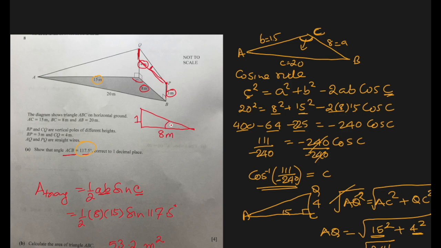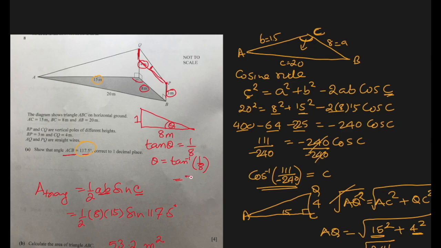And they're asking us what is this angle. So we can use tan theta in this case. Tan theta is opposite over adjacent. So theta will be tan inverse 1 over 8, which is 7.125.